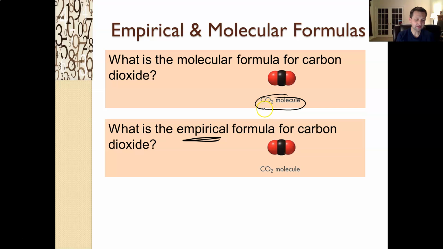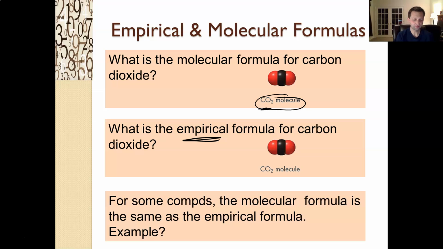Well, is CO2 already in the lowest whole number ratio? Yeah. So in this case, it's CO2. Okay? So if the molecular formula is already in the lowest whole number ratio, then it's also going to be the empirical formula. All right? But if the molecular formula was not in the lowest whole number ratio, then they would differ. We'll see some examples coming up.